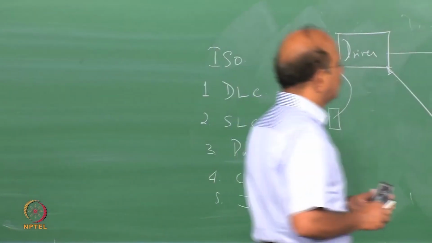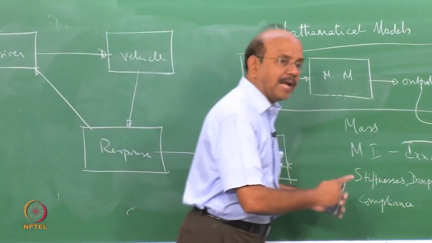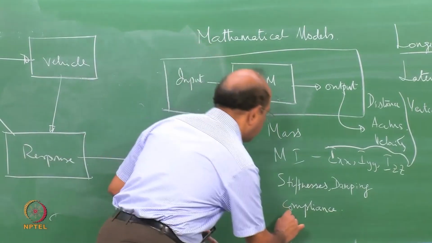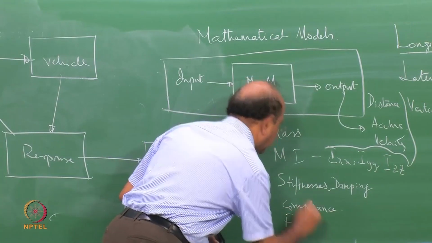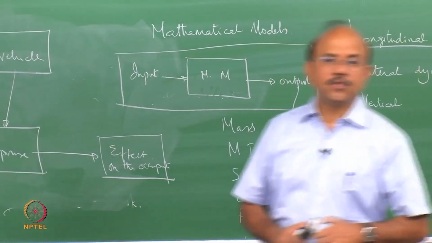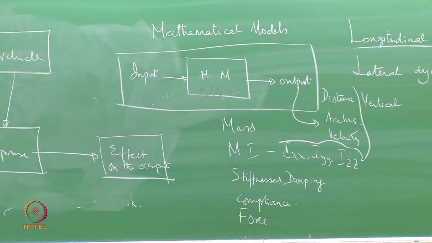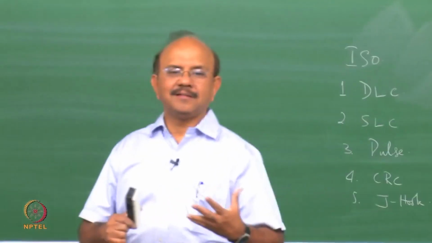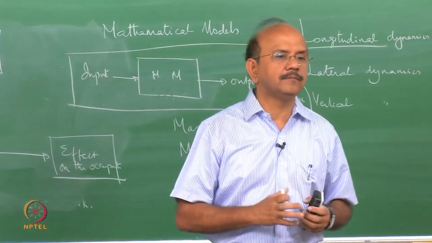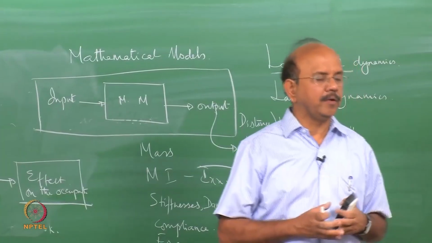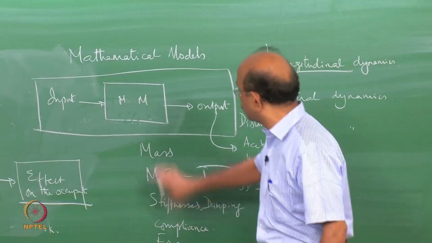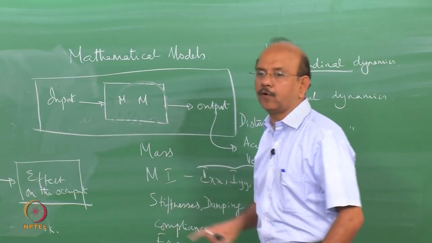So, we have to understand those as well. I should add to this list the right hand side of the equation, which I would call generalized force, moment and so on. We also have to understand the source of these forces. How does this force originate? How does it act on the vehicle? How is it transferred to the vehicle? This becomes important when we come to the mathematical model.